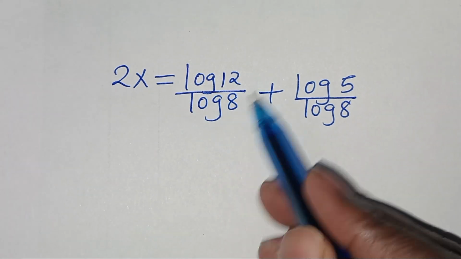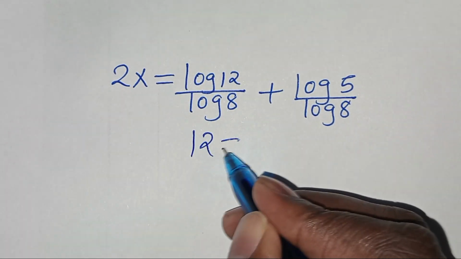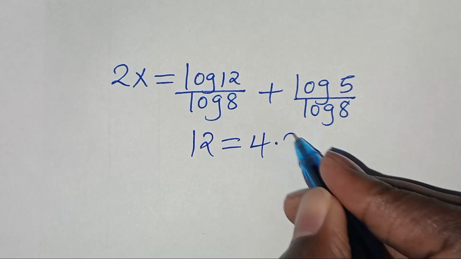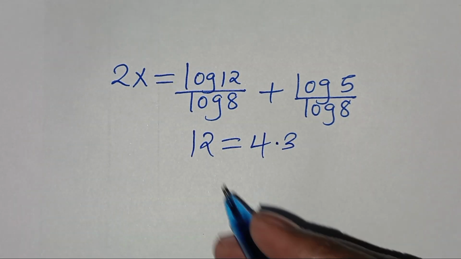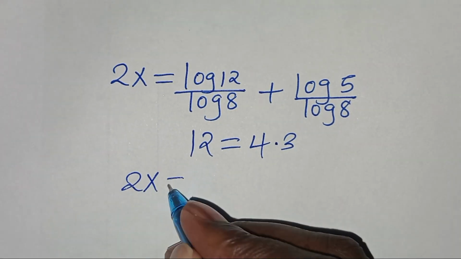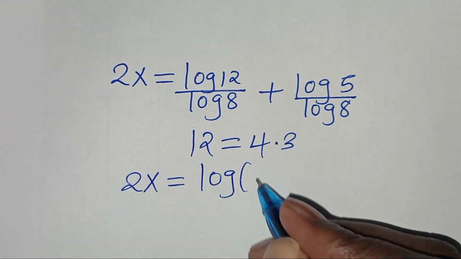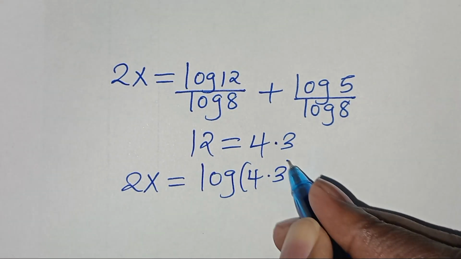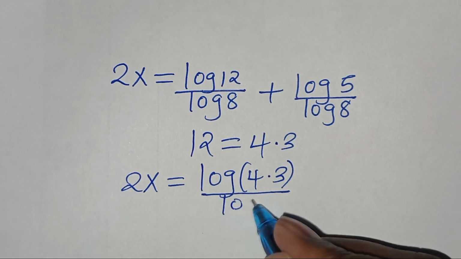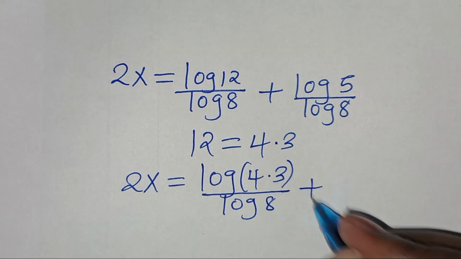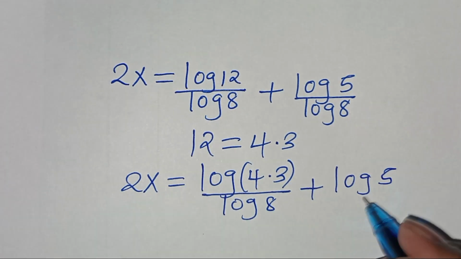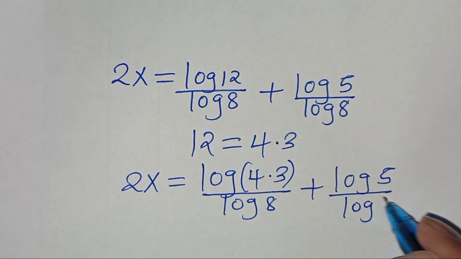So from here, we can express 12 as 4 times 3. So here we have 2x equal to log 4 times 3, all this divided by log 8, then plus log 5, all this divided by log 8.